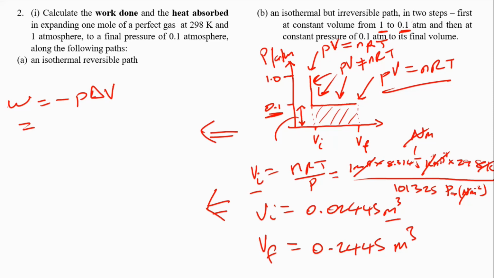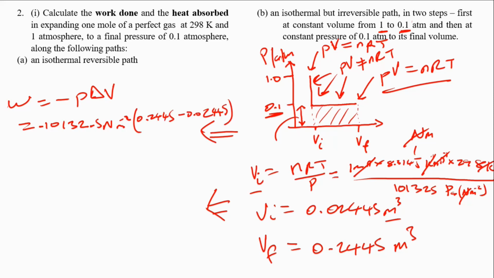So that comes down to, and don't forget the minus sign, 101.325 newtons per square meter, times the volume change, which would be the final, 0.2445, minus 0.0245.